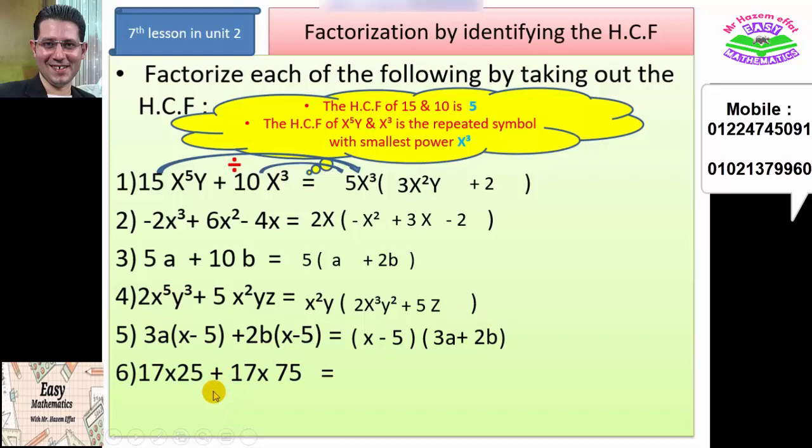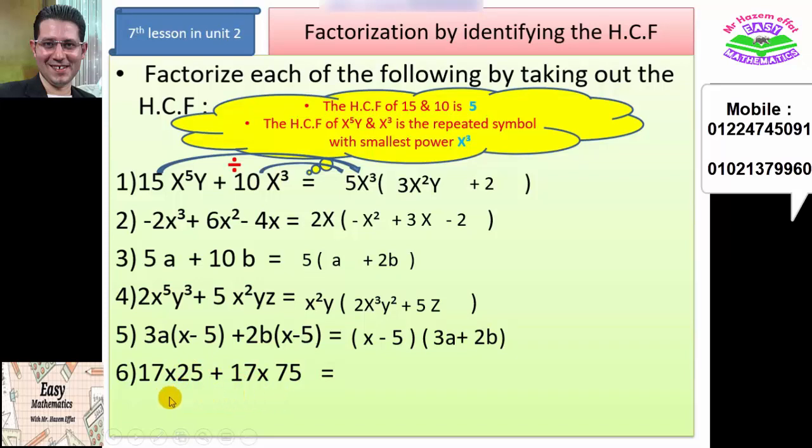Let's see number 6. Okay, by using HCF, I mean we have studied this problem in the previous lesson, and the distribution property we have studied before in the previous lesson in unit 1. By doing the same, what about the HCF here? I mean the repeated number.